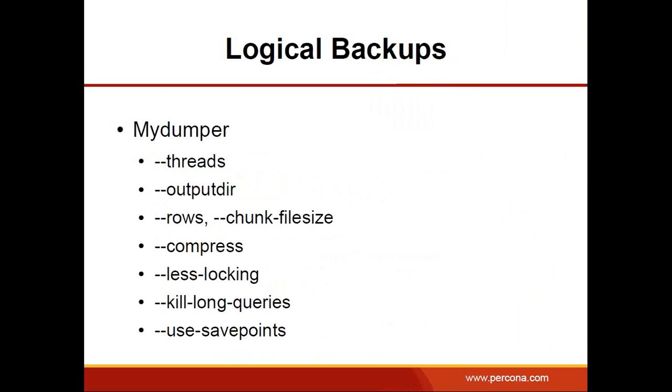The two other options, rows and chunk filesize, are both to split the backup into different chunks. We will see what the big win of using this is. It can compress. It has a new option that is less locking. We'll see what it does.